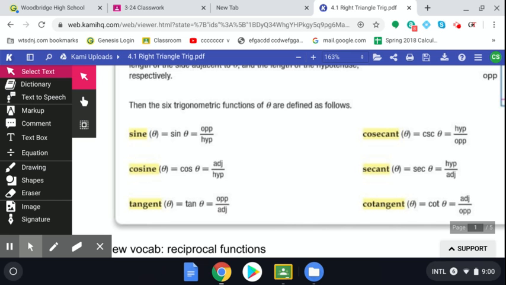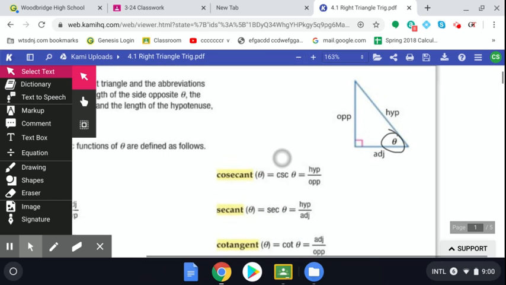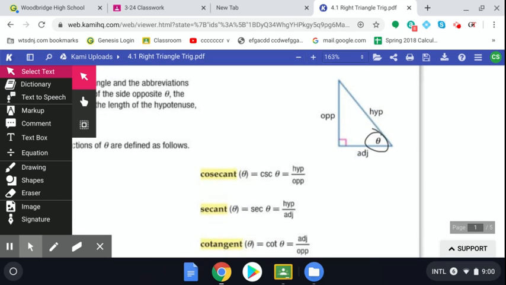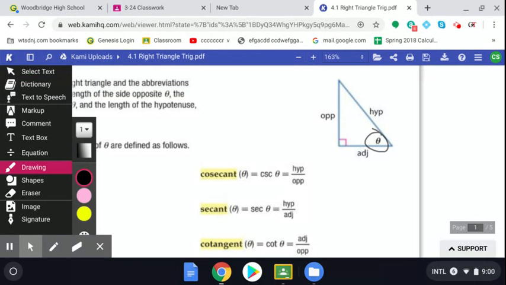Okay? So they gave you an example. In this case, they picked this angle to be the angle you're going to work from. So if this is what you call theta, then across from theta would be the opposite side.